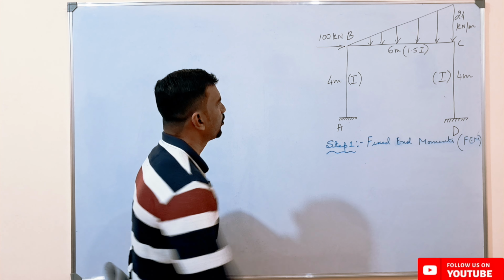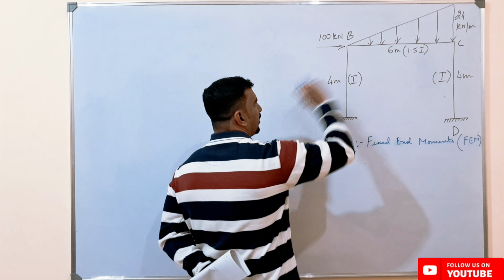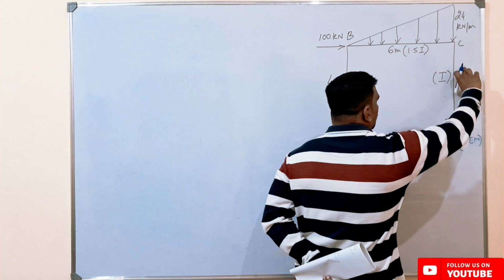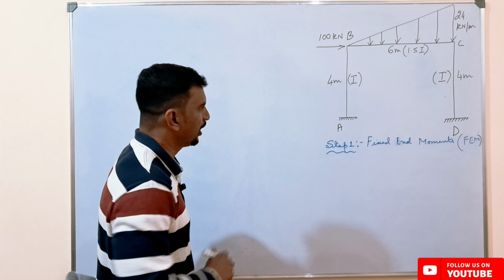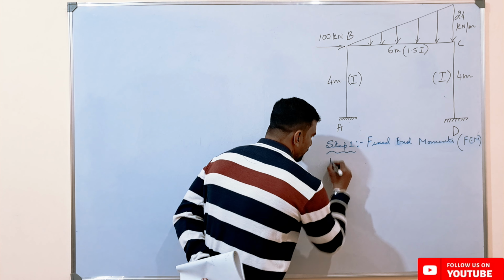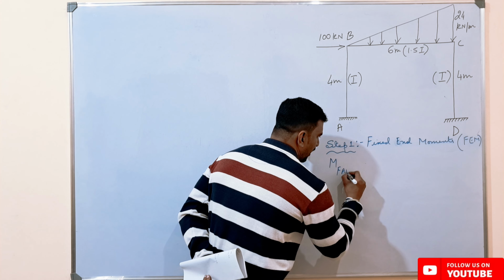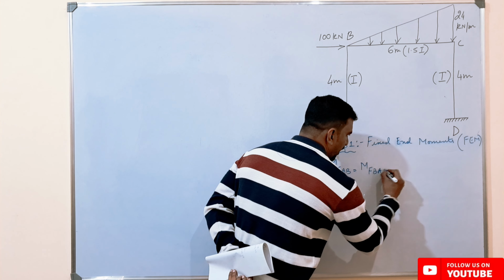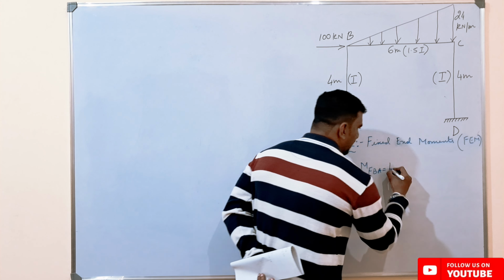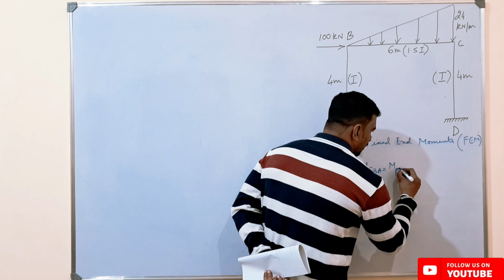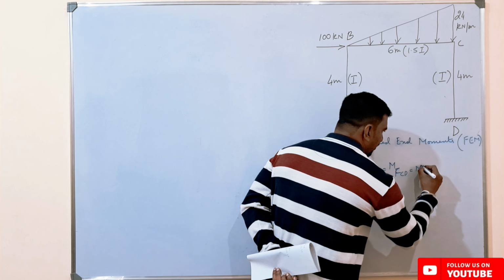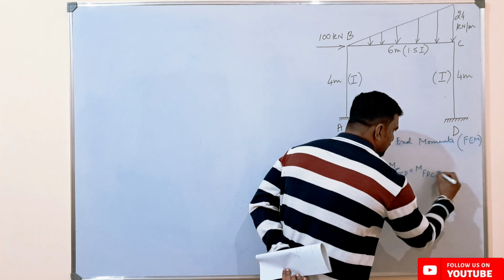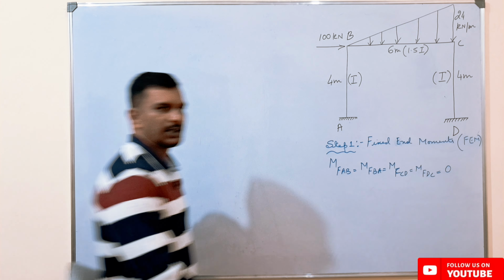If you observe the frame over here, A to B and D to C, there is no external loading. So fixed moment from A to B and fixed moment from B to A, also fixed moment from C to D and fixed moment from D to C will be equal to 0.